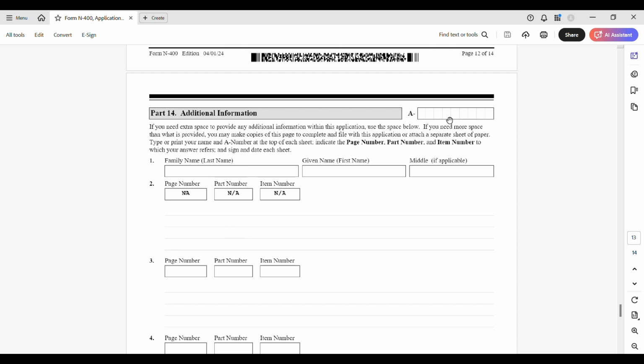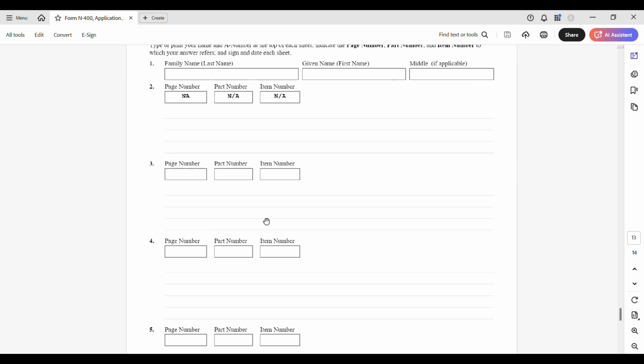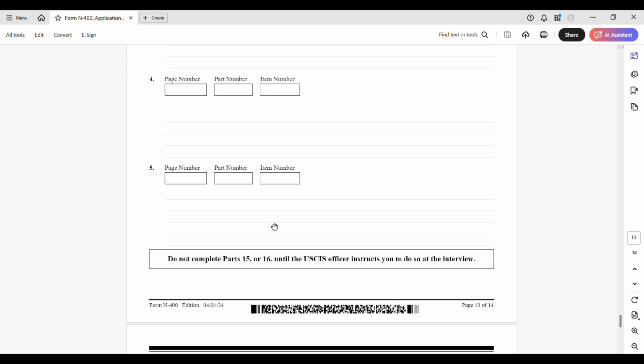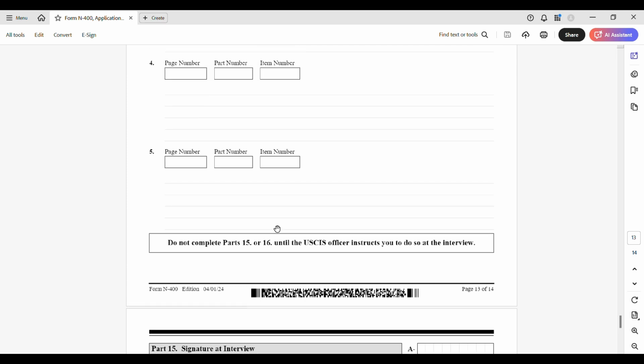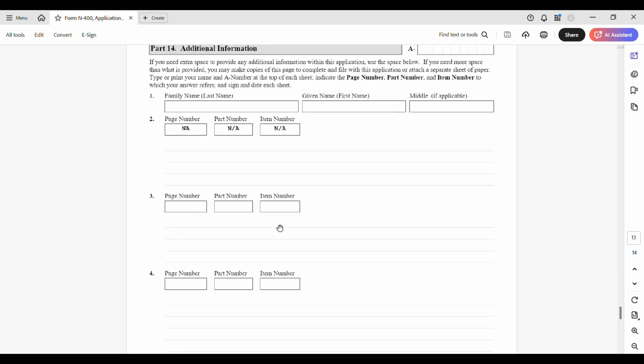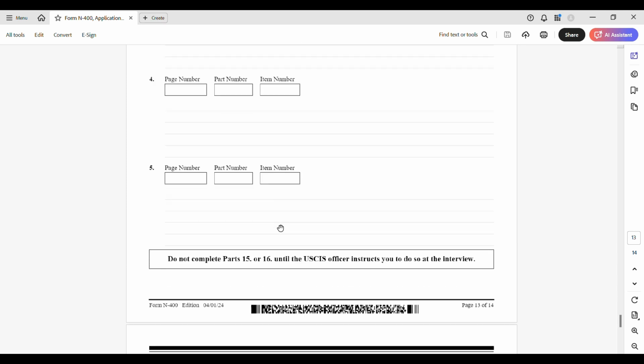Make sure to place your alien number here on each page, your family name, last name, given name, first name that is, and your middle name. Also the page number, the part number, and item number for each additional information if applicable, so that the information can be easily referenced by the officer reviewing your information.